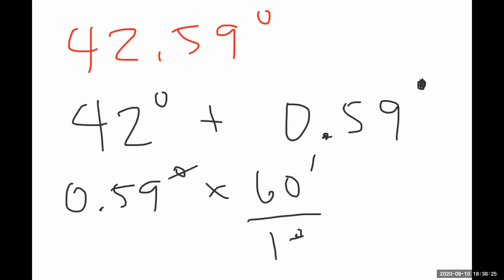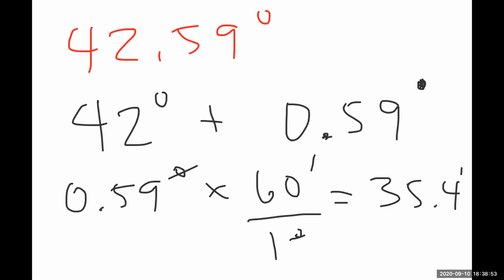Those cancel, and let's bring up my calculator. 0.59 times 60 is 35.4 minutes, okay? But now I have to reduce those fraction minutes into seconds, okay?